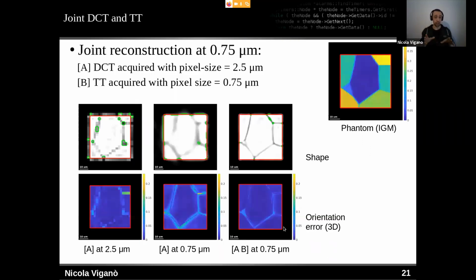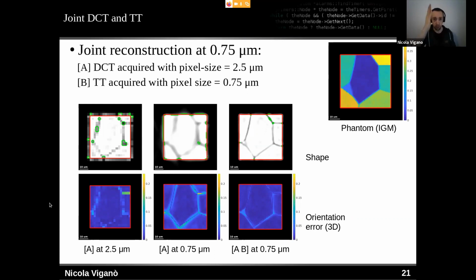But if we join DCT and Topo-tomo, in this case, we had a DCT scan with 2.5 micron pixel size and a Topo-tomography scan with pixel size of 0.75 microns. And we can see that if we try to super resolve the DCT scan at the 0.75 micron resolution, it is blurred, essentially.